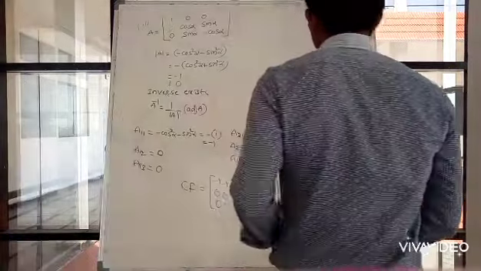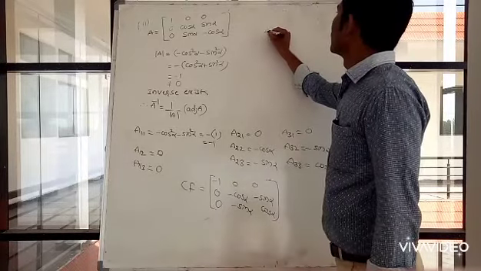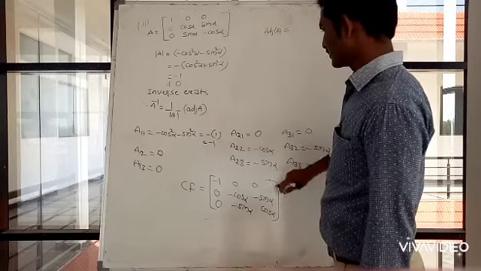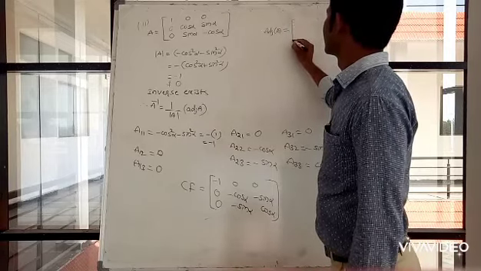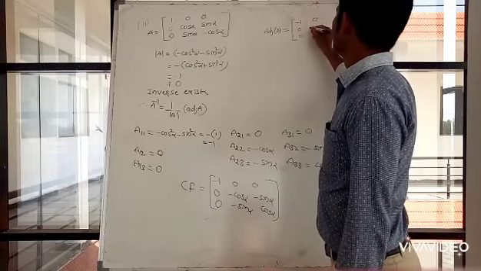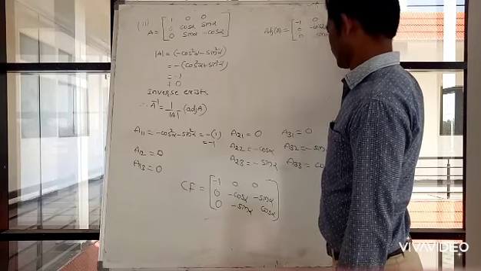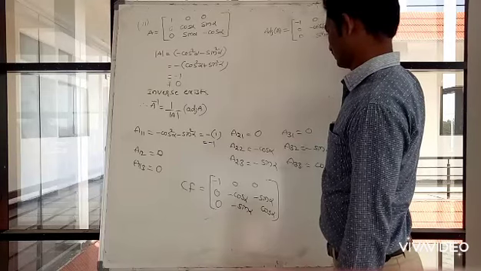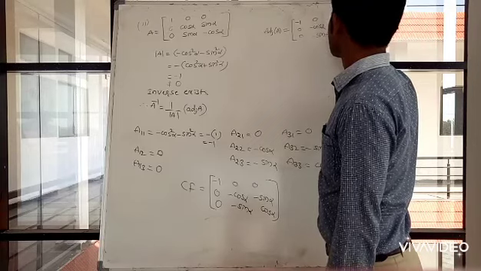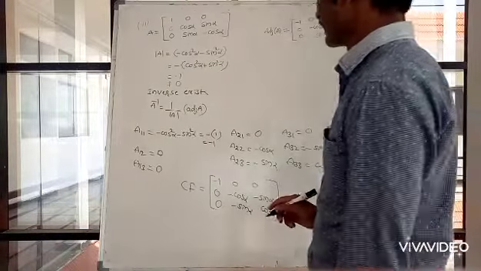Next is the adjoint. Adjoint of A is nothing but the transpose of the cofactor matrix: minus 1, 0, 0; 0, minus cos alpha, minus sin alpha; 0, minus sin alpha, plus cos alpha. That is the adjoint.